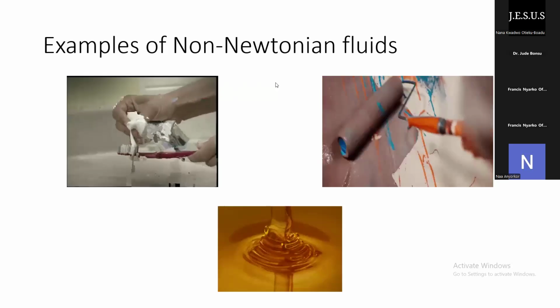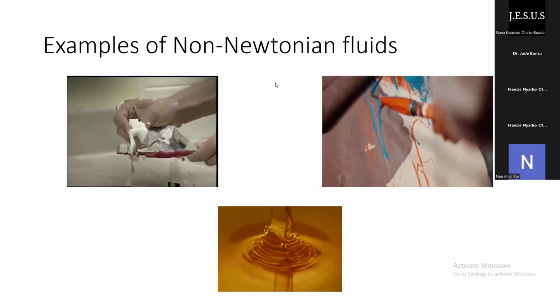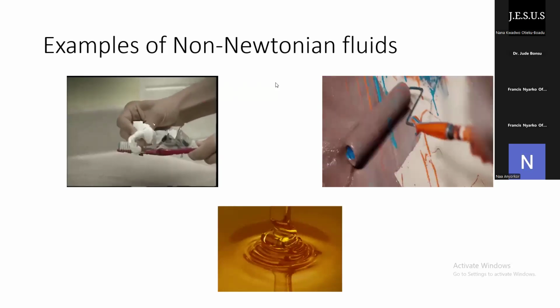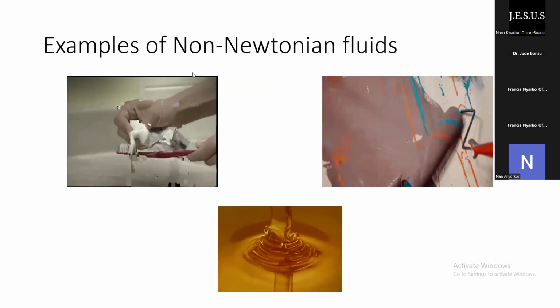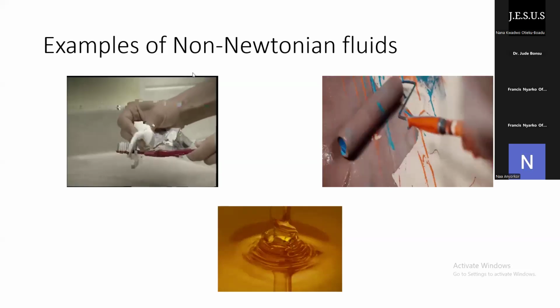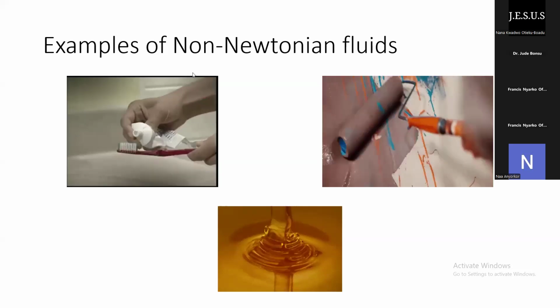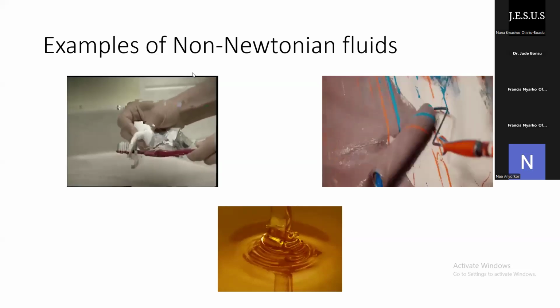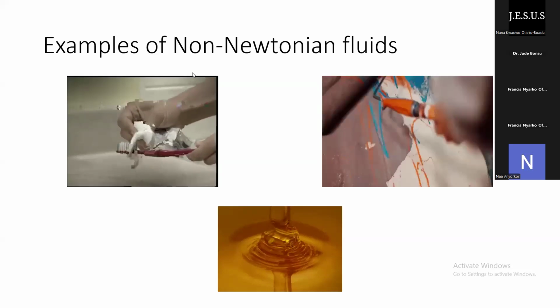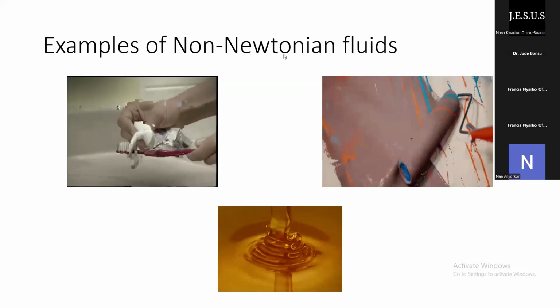Okay. So with the examples of the non-Newtonian fluids, we have the toothpaste. You realize that with the toothpaste, you have to actually press or increase the shear rate to a certain point before the toothpaste actually comes out from the container. And then this also, like a paint, you have to increase the shear stress before the paint can actually move, and this particular fluid too.